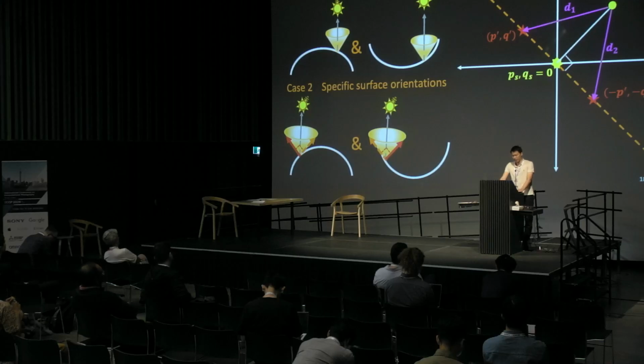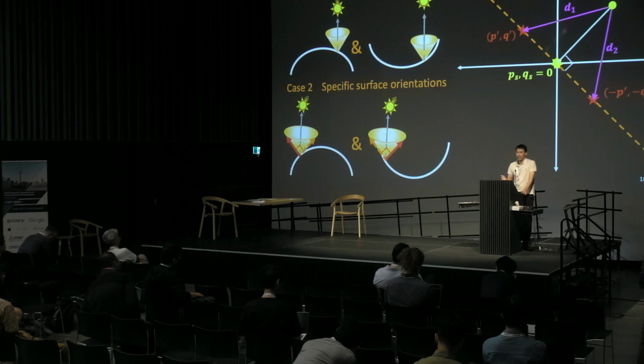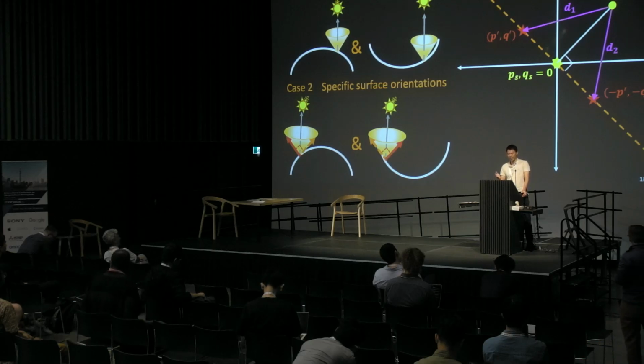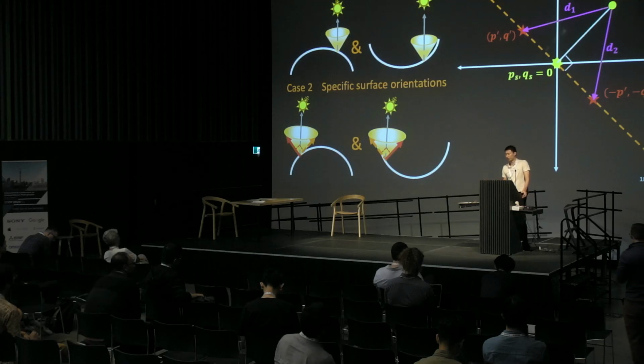So here's an exception case. Mostly, there is no case where the entire pixel region is in case 2, such as a specific orientation. There are very few such cases where the entire pixel is in case 2. So in most cases we can recover the shape entirely.